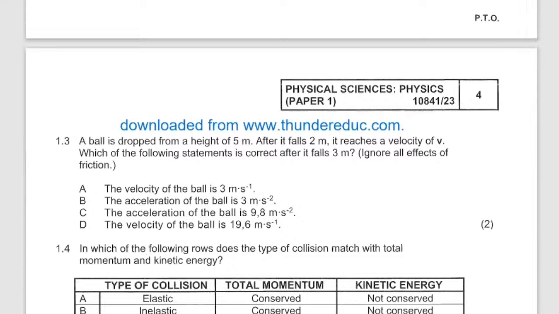Then 1.3, the ball is dropped from a height. After it falls, it reaches a velocity. Which of the following is correct? After it falls 3 meters. Now remember, this is vertical projectile motion.